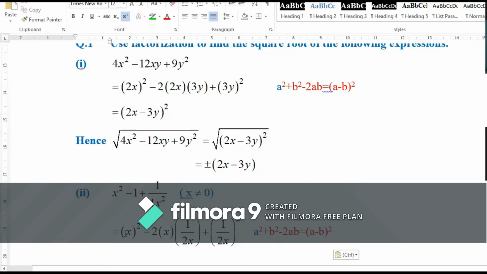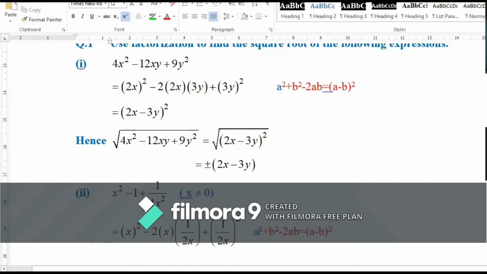Like in x square, x is the first term and 1 over 2x is the second term, because these two terms are enclosed in the perfect squares. So you would write minus 2 x times 1 over 2x. 2x and 2x will be cancelled, you will get back minus 1, but you don't have to cancel it, you just have to show that we have arranged the statement according to this side of the formula.